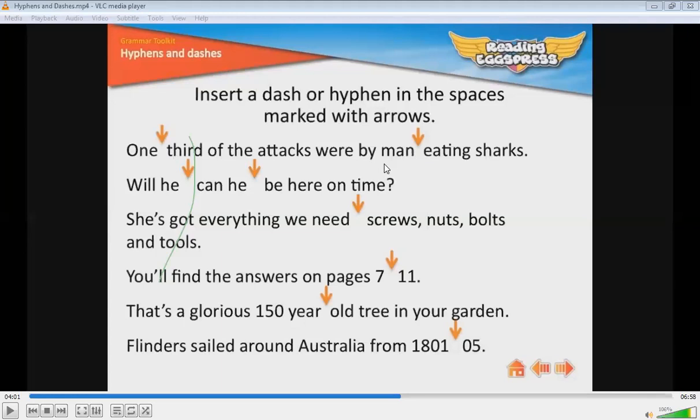Why is it a dash? Because it connects things to each other. So is this part connecting sentences or words? Words. So we have here man eating together, which can be considered an adjective modifying the word what? Sharks. Yes, so when we have adjectives like that, we are using hyphens or dashes. What do you think?